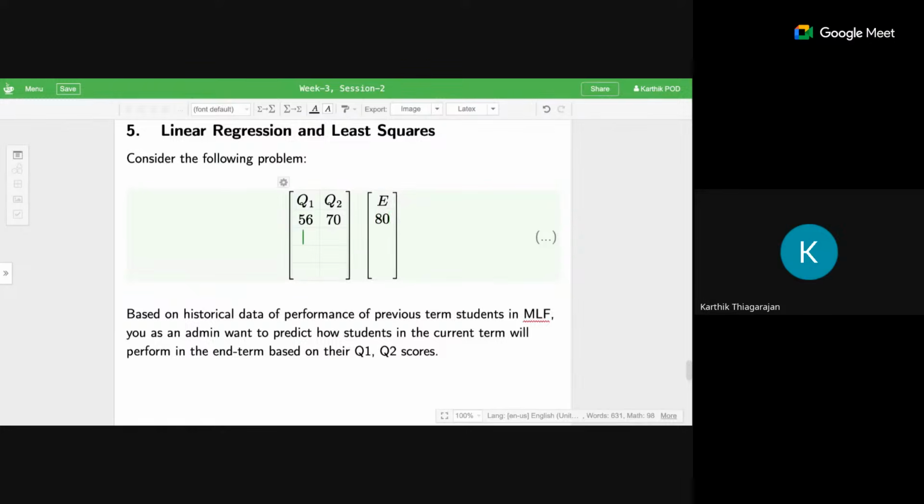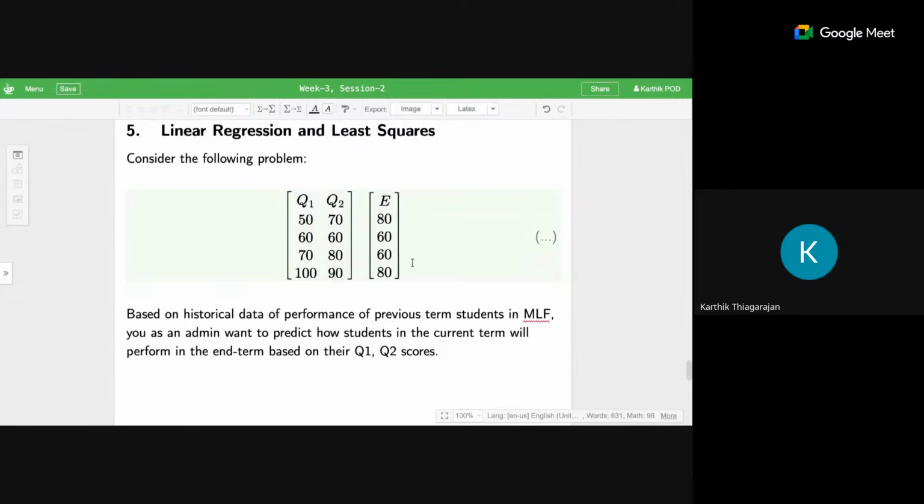Maybe some other student scored, I'll keep all numbers round figures, 60, 60, and in end term also they got 60, let's say. Someone got 70 and 80, and they got 60. And there is someone who got 100, 90, and 90 or 80, whatever. So four students, and quiz 1, quiz 2, and end term marks.